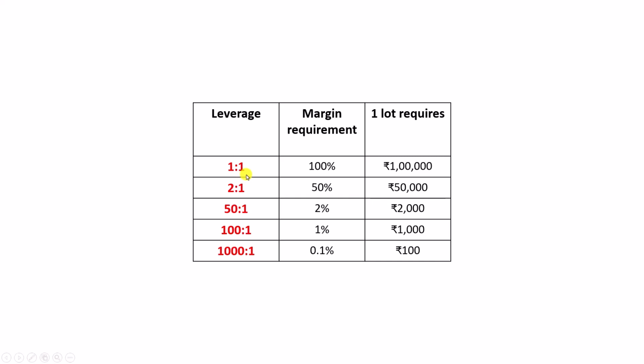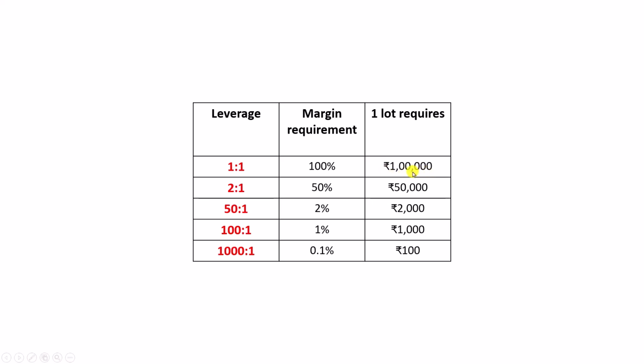Let me take an example. Let us say that you want to buy one standard lot, and to buy one standard lot, this is the amount required. Rupees or dollars or whatever it is depends on the currency pair. Here I have taken rupees. Let us say that to buy one lot, you need this much money.